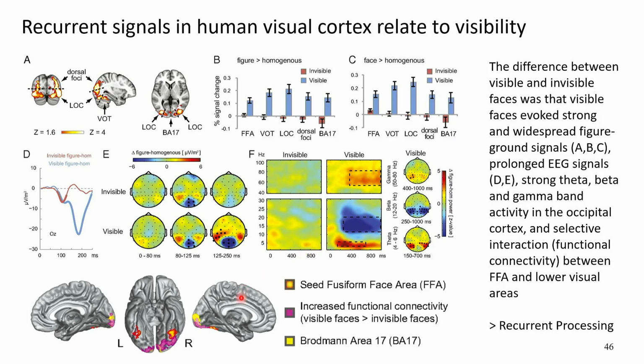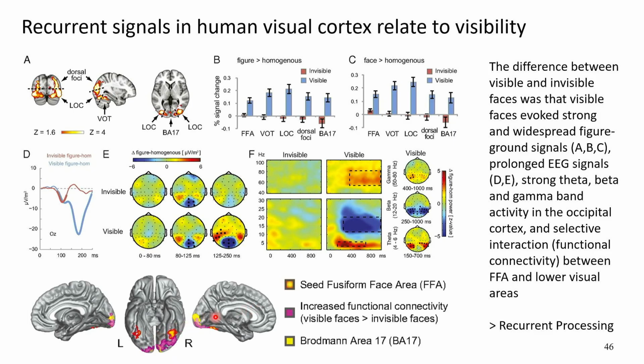But I think the most direct evidence of this being due to differences in recurrent interactions is when you look at what's called functional connectivity analysis of the fMRI signals. What that basically does is measure to what extent activity in one region depends on activity in another region.